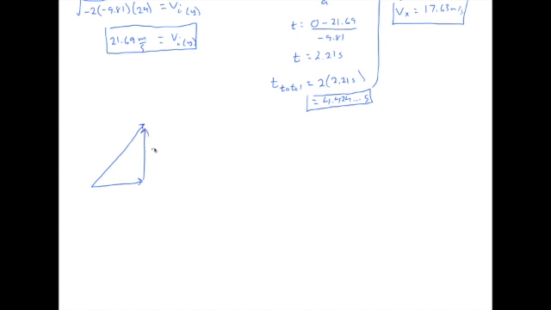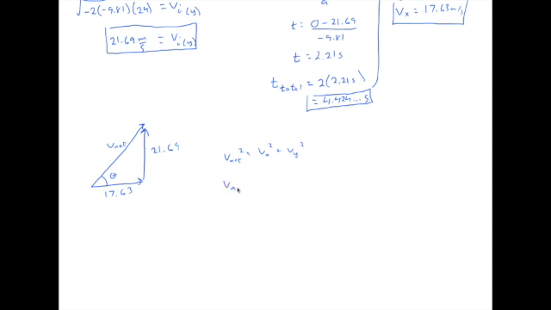Now this vertical one is 21.69. This horizontal one is 17.63. Now because I'm looking for the velocity, I'm also going to need this angle as well as the magnitude then of that vector. So I can get the magnitude of that just using Pythagoras' theorem, and so that'll be my V net for my total initial velocity. And so my V net squared will be equal then to the Vx squared plus then that Vy squared.